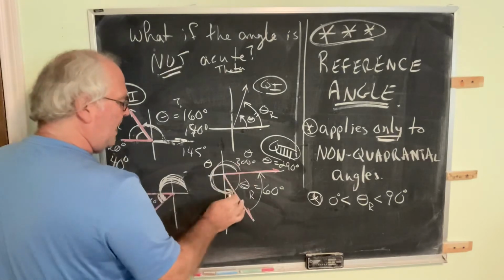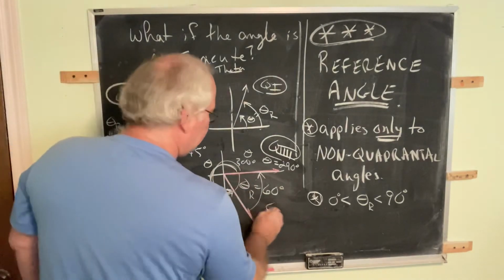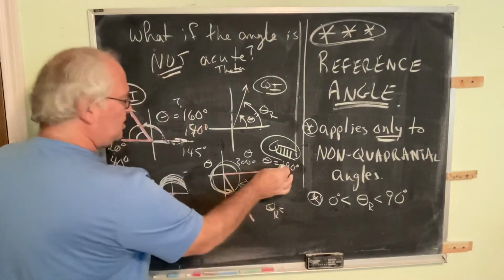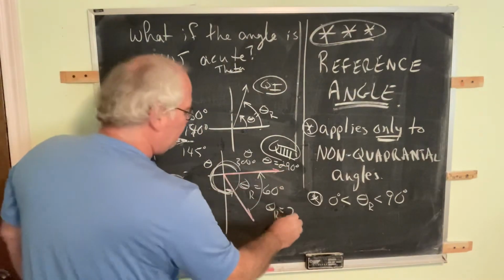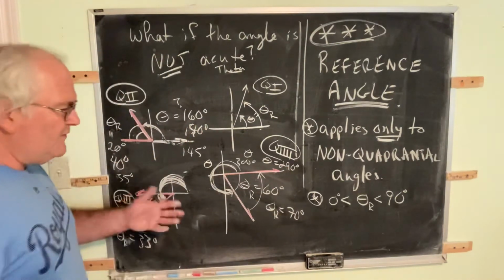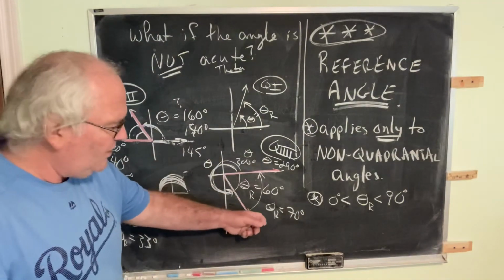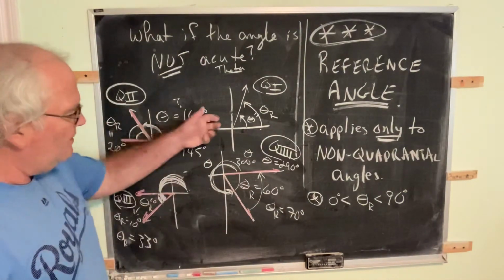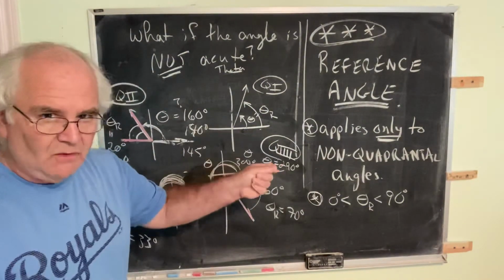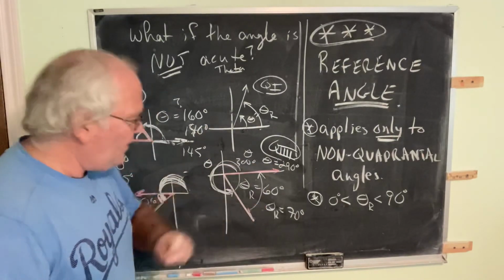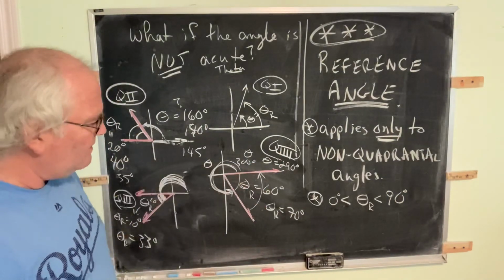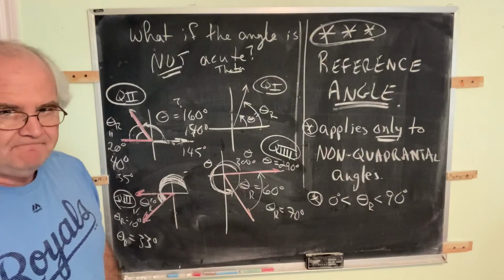Well, if this is 290, then theta reference would have to be, how much do you add to 290 to get 360? That would be 70 degrees. And so given any value of theta, you should be able to find theta reference. And just as we've done before, if you're given quadrant 4, and if you're given theta reference, then you should be able to find the value of theta itself.